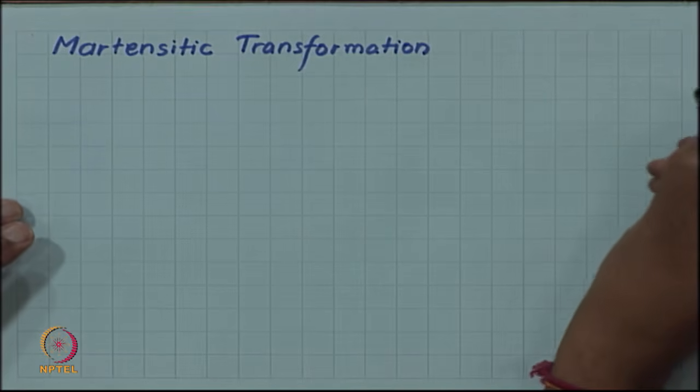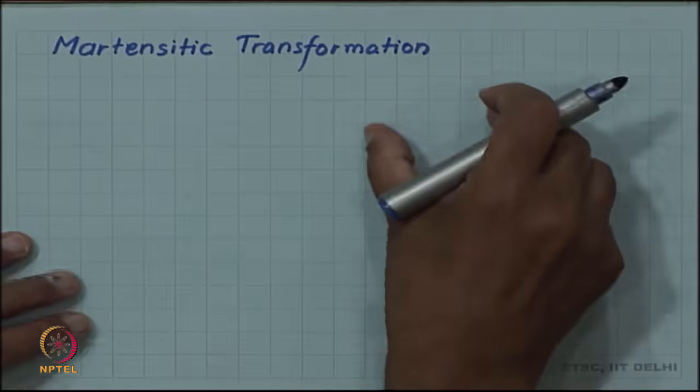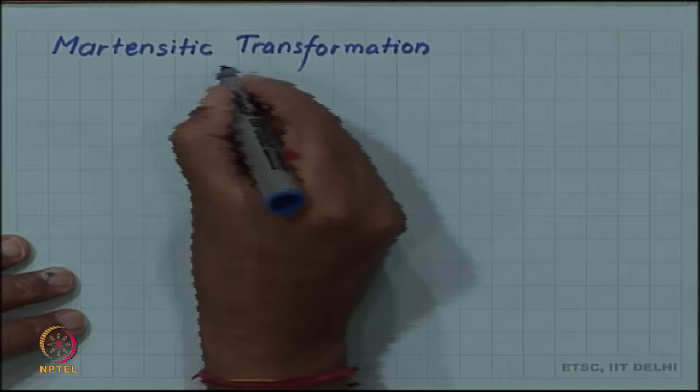Martensitic transformation, of which the transformation of austenite to martensite is a prototype.